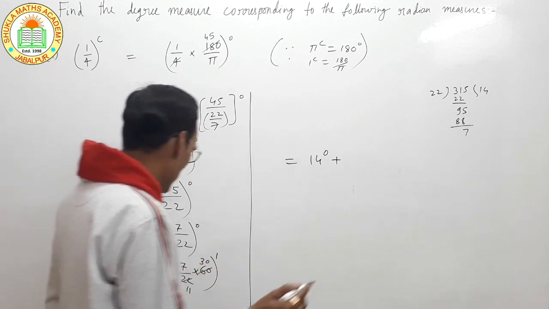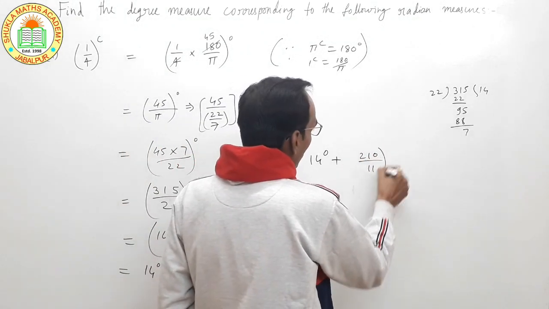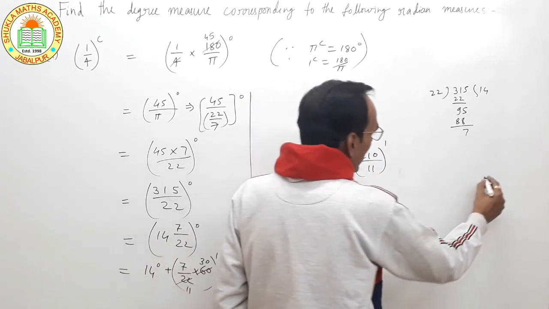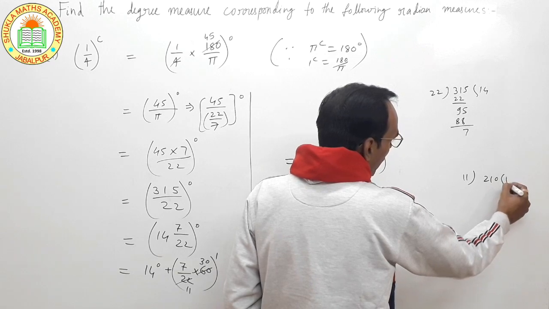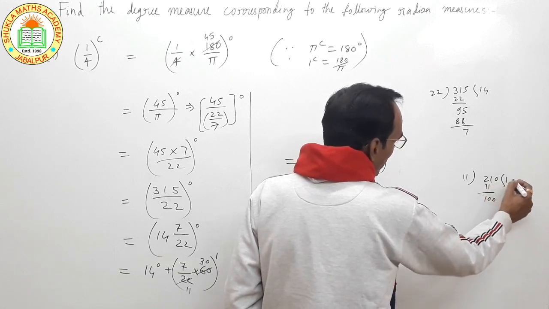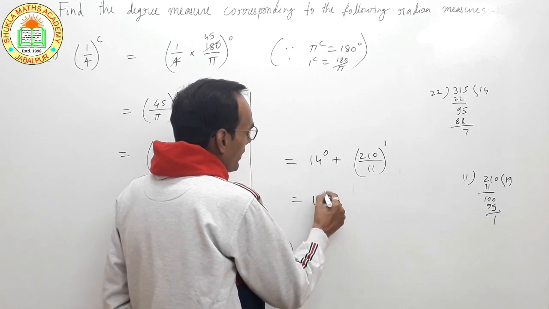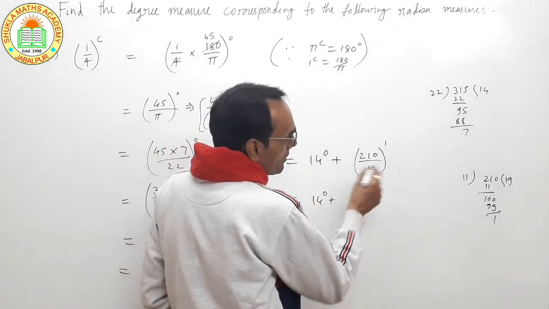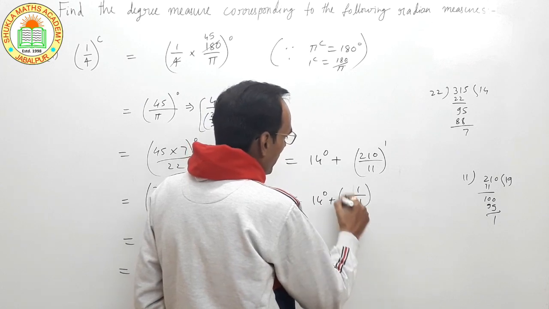So 30 into 7, that is 210 upon 11 in minutes, and also divide 210 by 11. So 11 ones are 11, that is 10, and here also 0 take this. So 11 nines are 99, so we get remainder 1. So we can write 14 degree plus, in mixed form, 19 and 1 by 11 minutes.